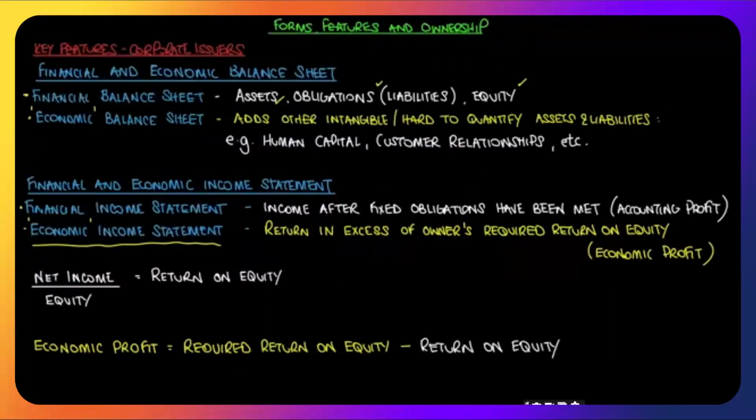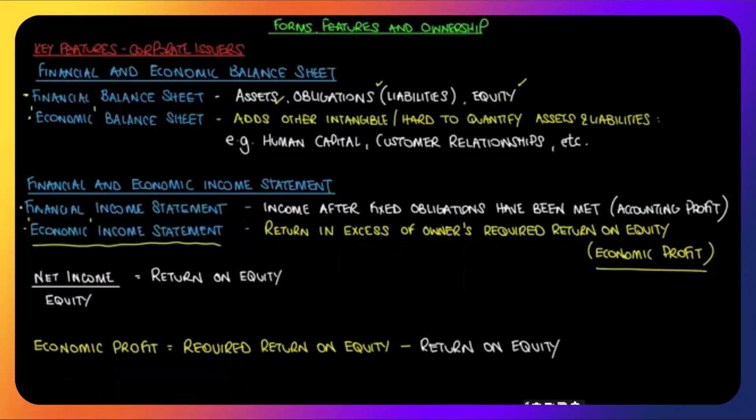They'll be included in your overall economic balance sheet. In the income statement, well, financial income statement comes down to net income. Your net income after all of your fixed obligations have been met, your accounting profit. But your economic income statement measures that economic profit we talked about in economics. That is the return in excess of the owner's required return on equity.